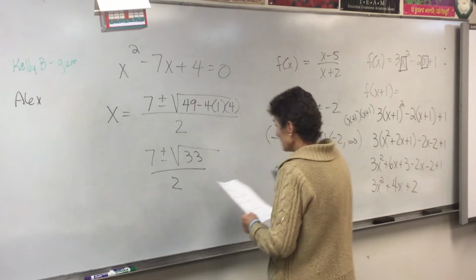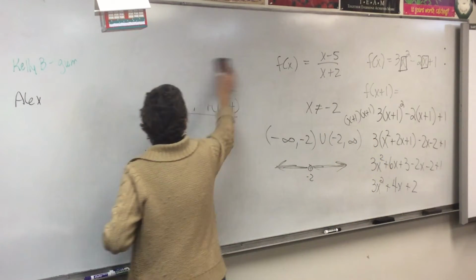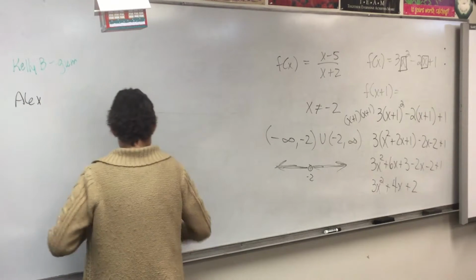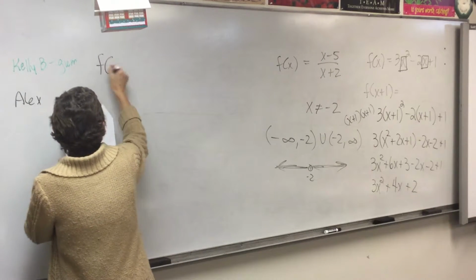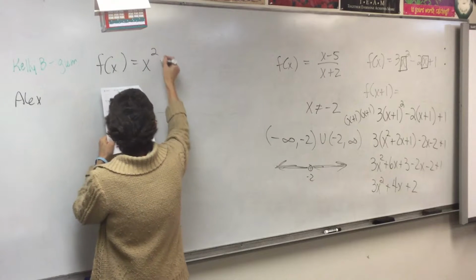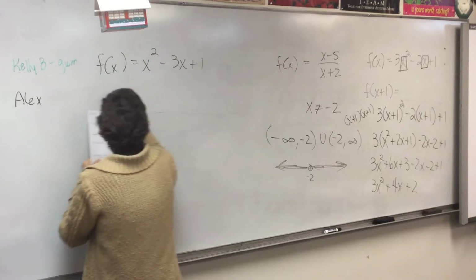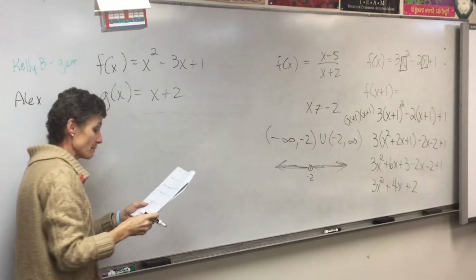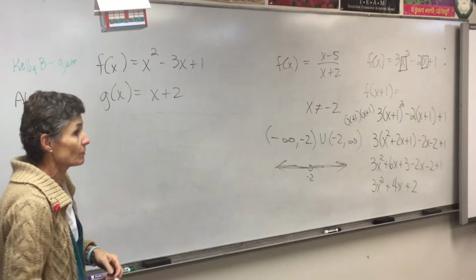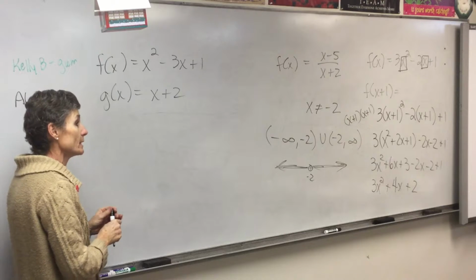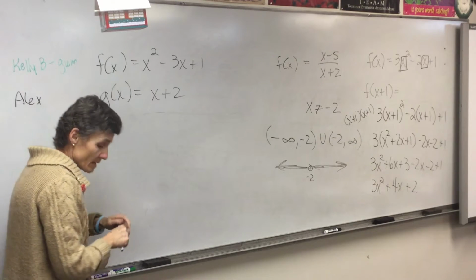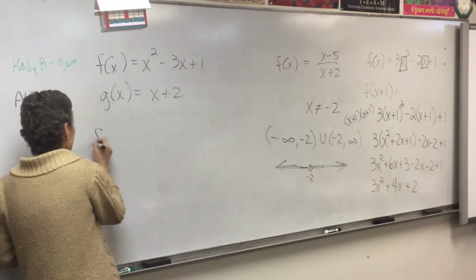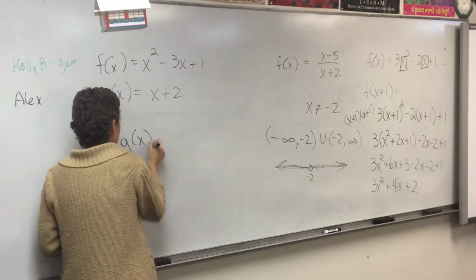And actually, number 10 is about the same thing. It looks different, it's worded differently, it's set up differently, but it's about the same thing. Because what does f of g of x mean?